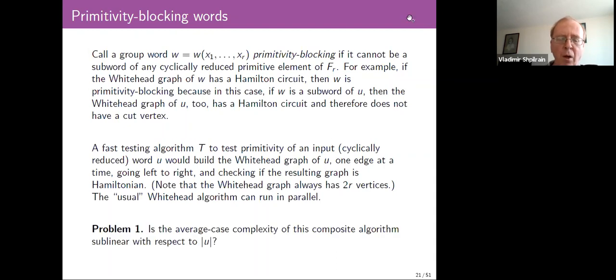And here's the problem. What is the average case complexity of this composite algorithm? Is it sublinear with respect to the length of the input? I would expect that the answer is yes, because like I said, the complexity of the honest Whitehead algorithm is already quite low. It's almost linear. And most of the time, the fast testing algorithm T will give you an answer much sooner.